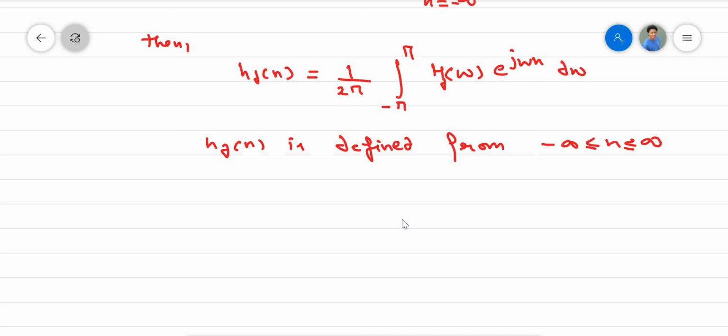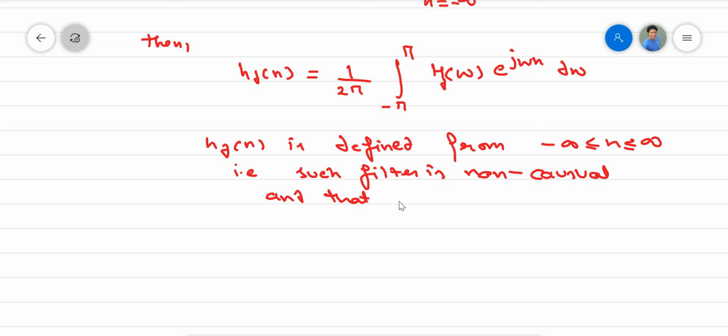The problem is we cannot realize any system from minus infinity to infinity because it will involve non-causality, and thus the system cannot be realized. That means such a filter is non-causal and cannot be realized.